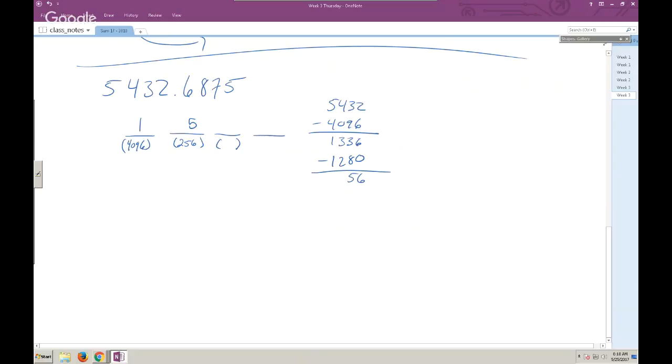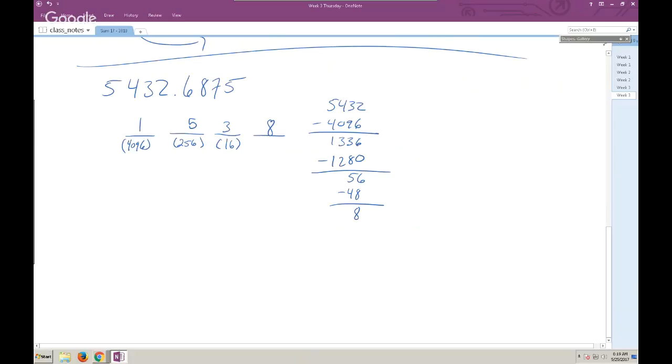So how many factors of 16 can I pull out? 3. Okay, which means I represented how many? What's 3 times 16? 48. Leaving us a balance of 8. Awesome. Okay, 1538 gives us the whole number portion, yes?